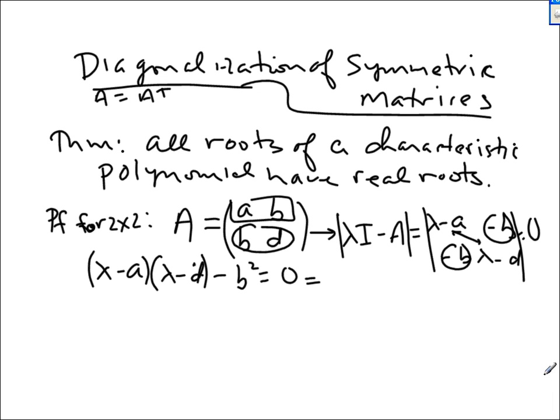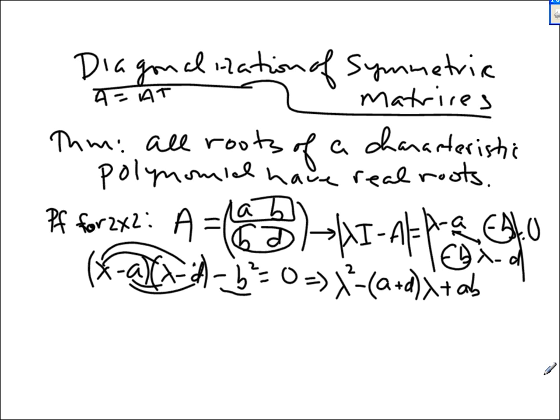So to save a little space, I'll go across. If you FOIL this out, you get lambda squared minus (a plus d) lambda plus ad. Don't forget minus b squared. So this is the constant.